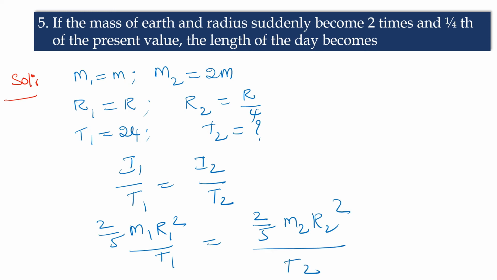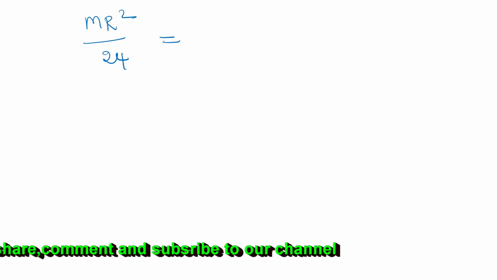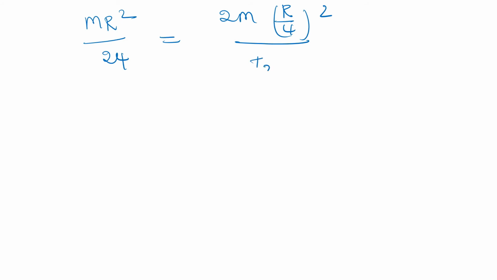by T2. Here 2 by 5, 2 by 5 gets cancelled, and now substituting m1, nothing but m r square by 24, is equal to 2m into r by 4 whole square by T2.